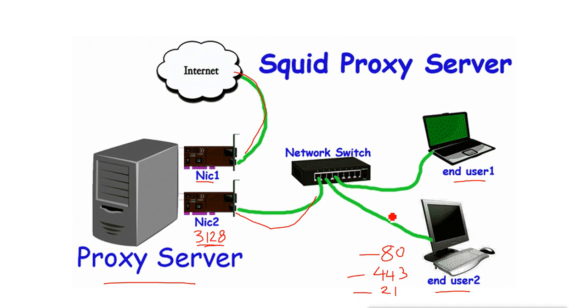So their request will go to the proxy server, and the proxy server will accept their request because of this port. And when the proxy server accepts the request, it will go to the internet, try to get the files from there, and then show them.